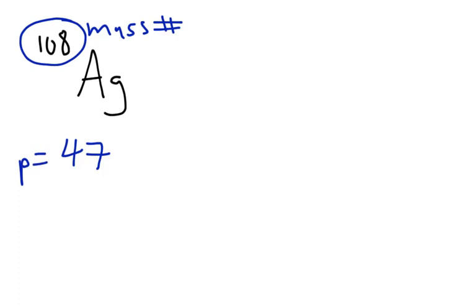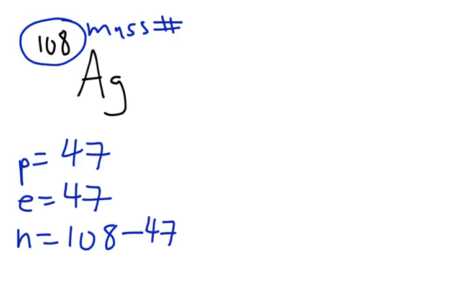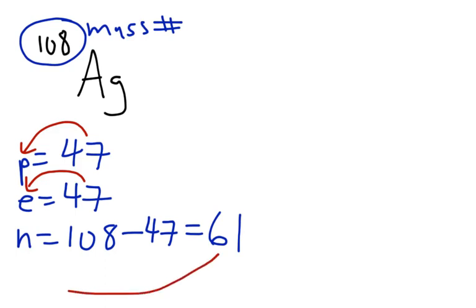And in order to keep it a neutral atom, we're going to make sure and give silver 47 electrons. In order to figure out the neutrons, we're going to take the mass number and subtract out the protons. And you should get a number of neutrons of 61. So there's the PNE, the 47 protons, 47 electrons, and finally 61 neutrons.